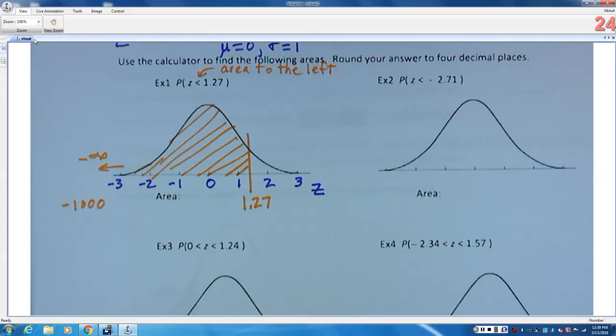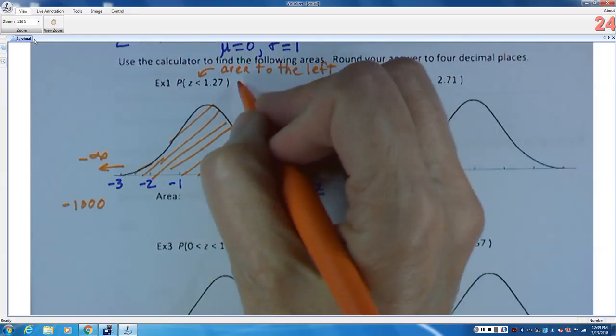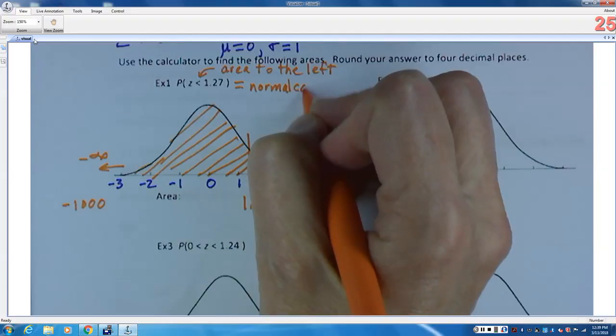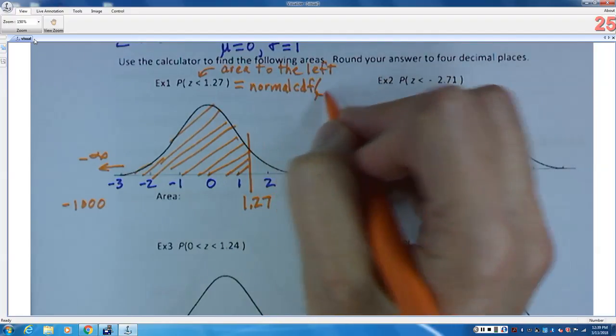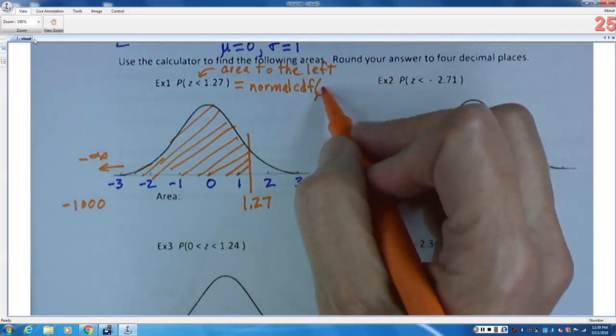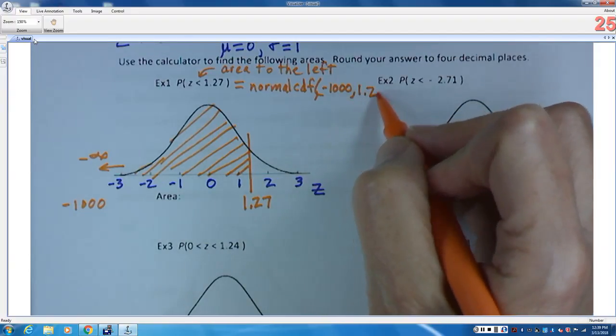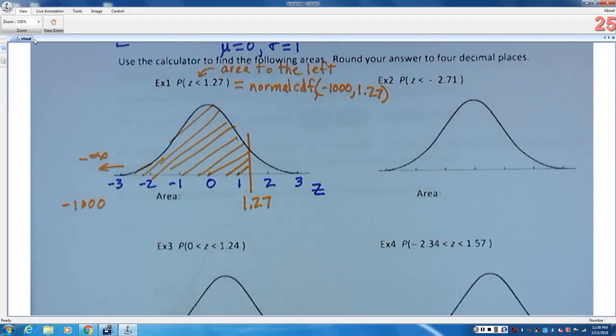All right, so then we're going to use our calculator to find that. Here's the command. It's normal CDF. The left bound is negative 1,000. The right bound is 1.27. So what kind of area would we expect?